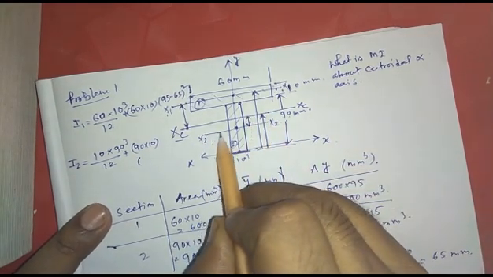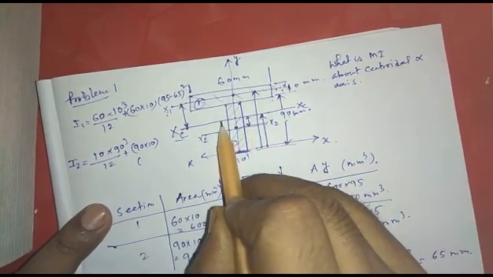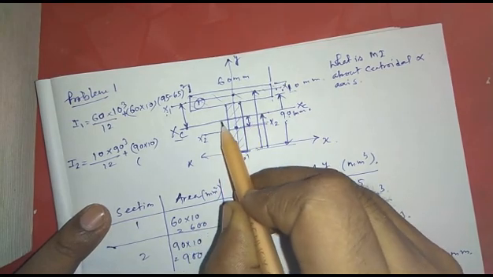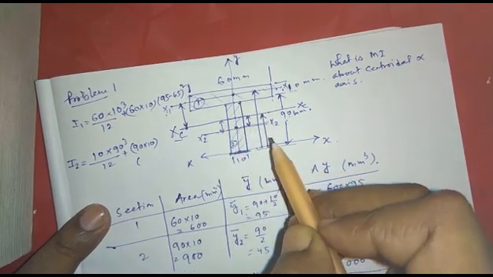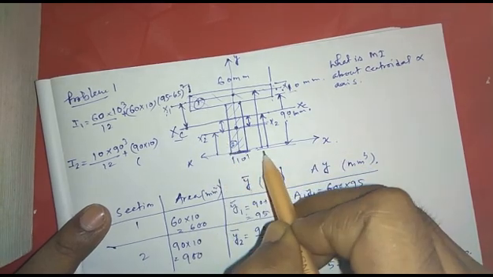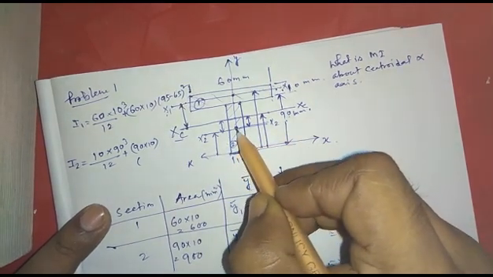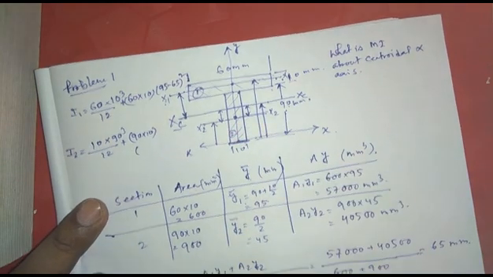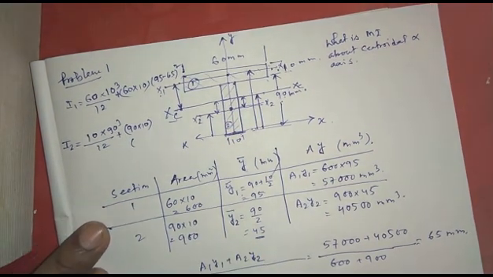We know the moment of inertia about this axis. We want to find out the moment of inertia about this axis. So you need to know the distance between these two. Now this distance from this base is the distance of this centroid, which is 45.